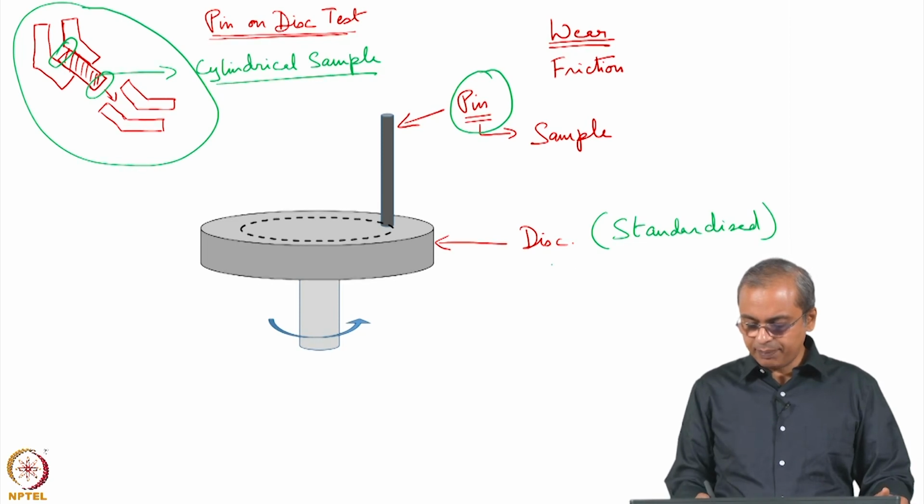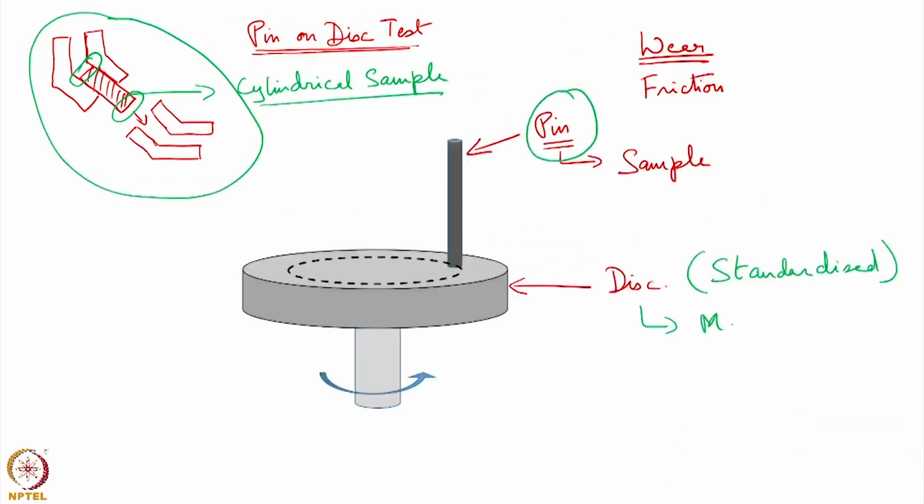Which means the material is fixed and the roughness is fixed or specified. If you wanted to purchase a pin on disc setup, then that is what it would be.